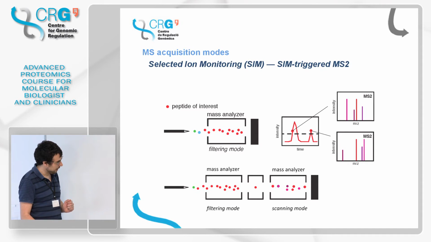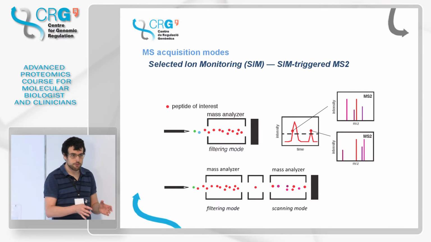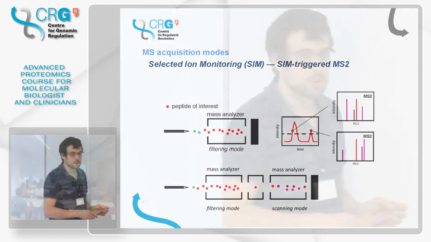In the second mass analyzer, set in scanning mode, we then get the MS2. So for each of these peaks, we get an associated MS2. We can monitor a certain peptide, and we also have information about this particular analyte from the MS2.